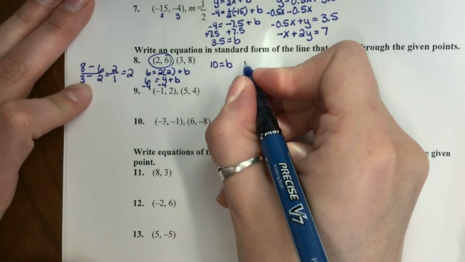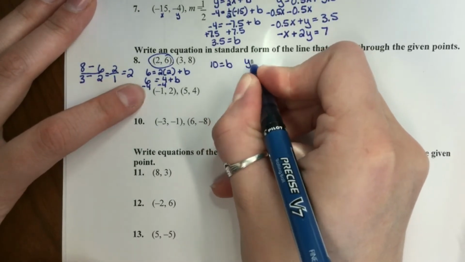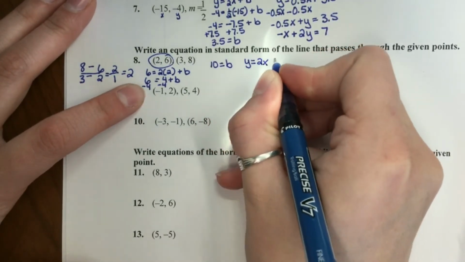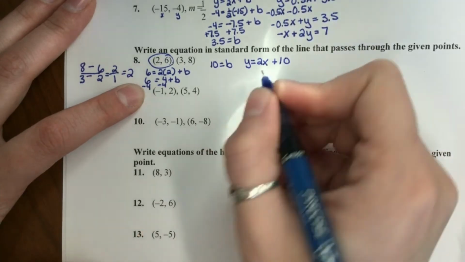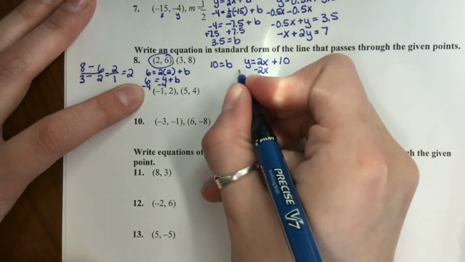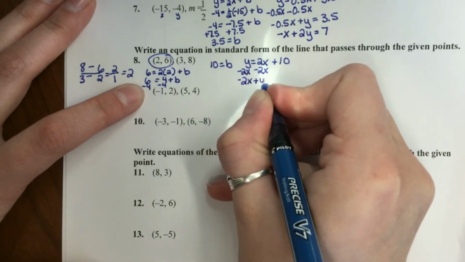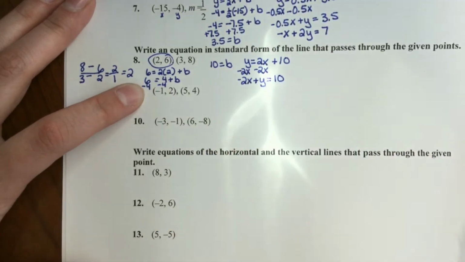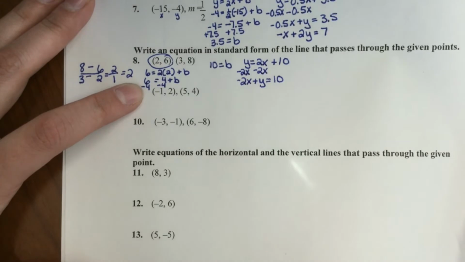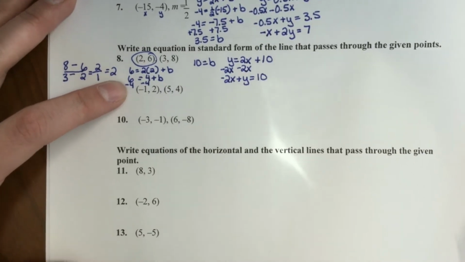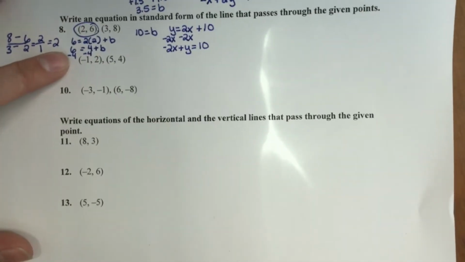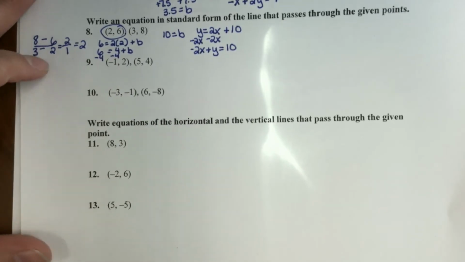Okay, so we have y equals 2x plus 2, minus 2x minus 2x, negative 2x plus y equals 2. I'm going to leave it exactly like that. Okay, that's standard form. Okay, you try number 9.